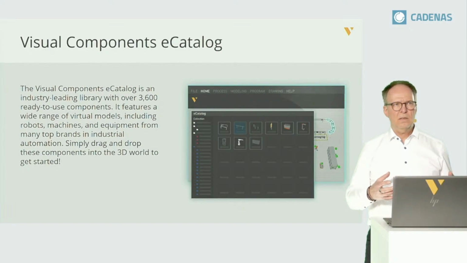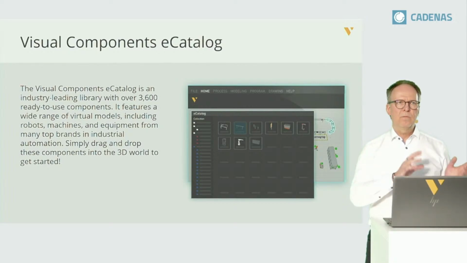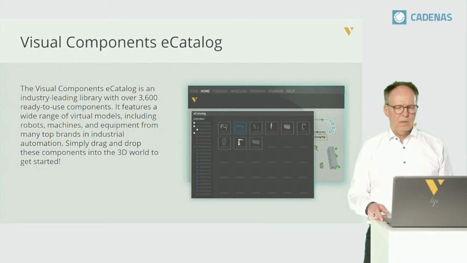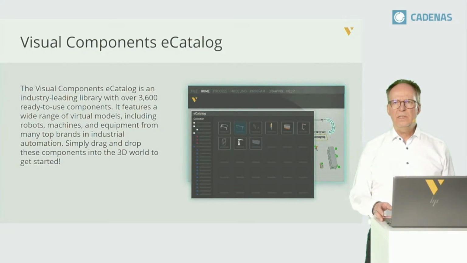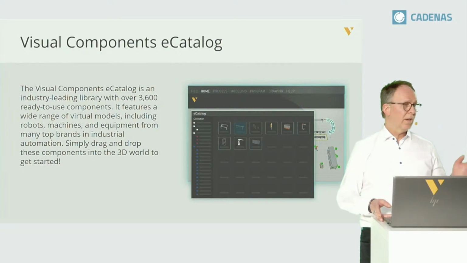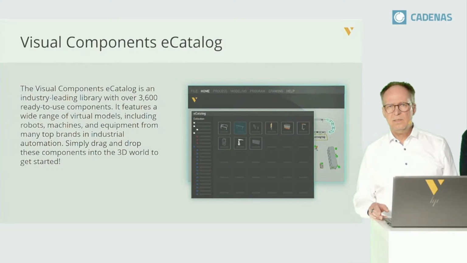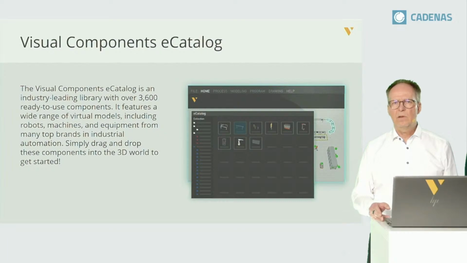In this e-catalog we have, I think, 3,600 ready-to-use components which you can use for your layout directly via plug and play, and bring simply to your layout and simulate in the 3D world. And we want to extend our e-catalog with this really great catalog from CADENAS, and we will show you later how it works.